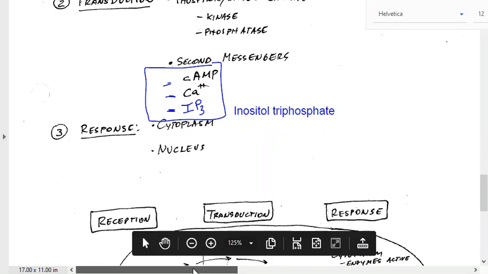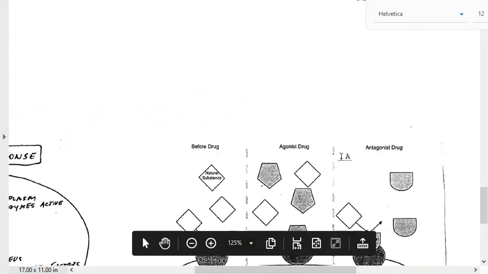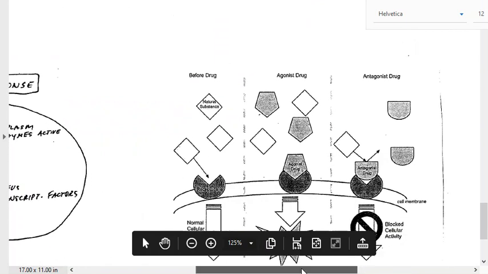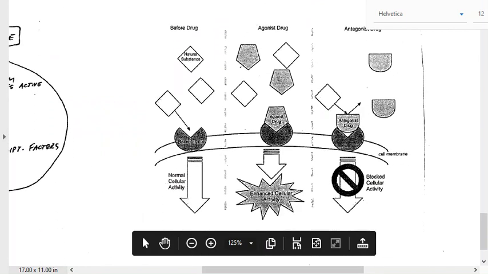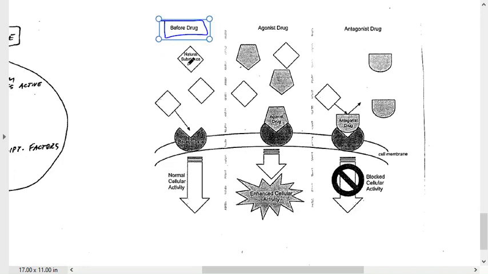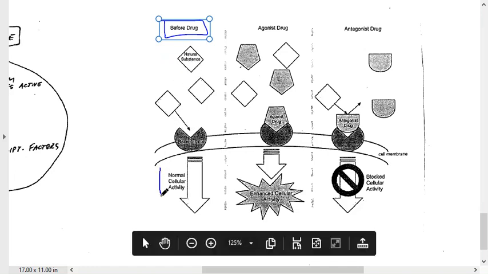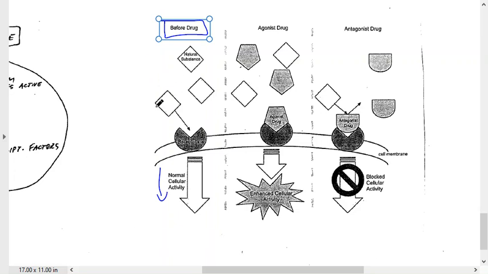So let's look at how some drugs work. Let's talk about drugs. In your body, without drugs, you have natural proteins and other substances, most of the time proteins, that bind to receptors and produce some kind of cell activity, just like we've been talking about, right?